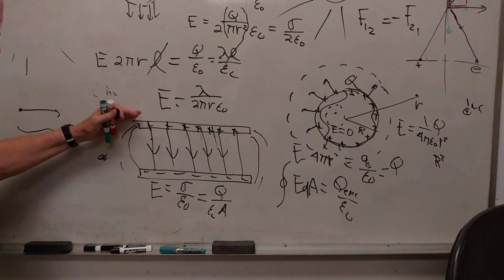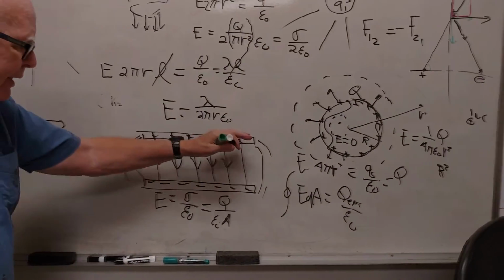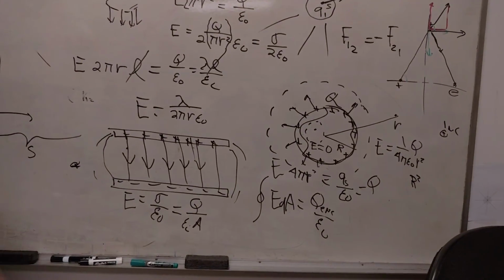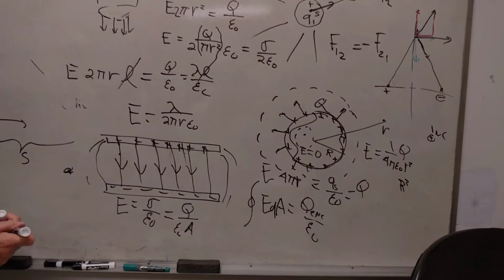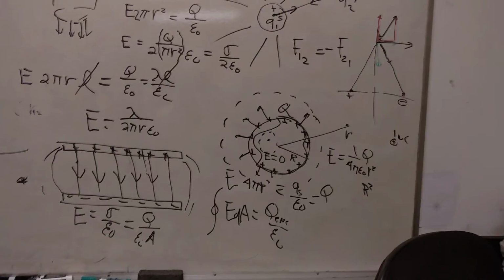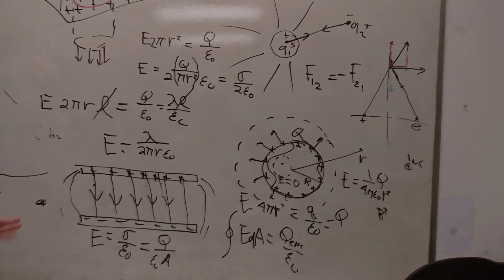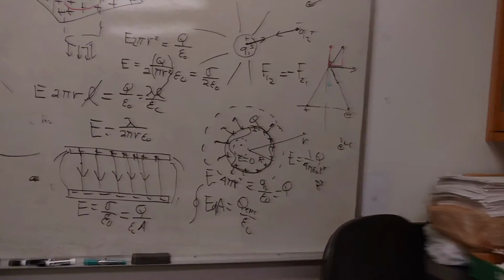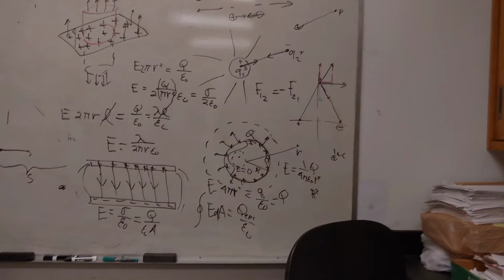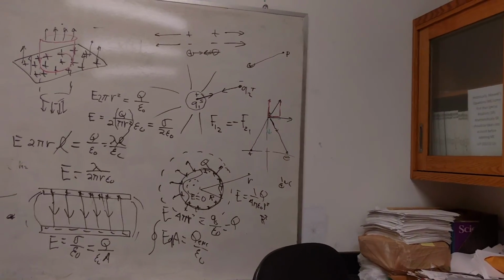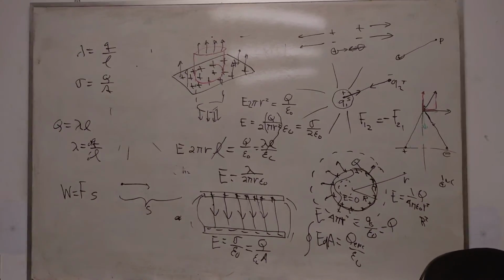So the total Q divided by the area of the plates, and that's it. The distance doesn't count, like here it doesn't count. So you have three formulas using Gauss's law. Field of a sphere, field of a rod, and field of a parallel plate capacitor.